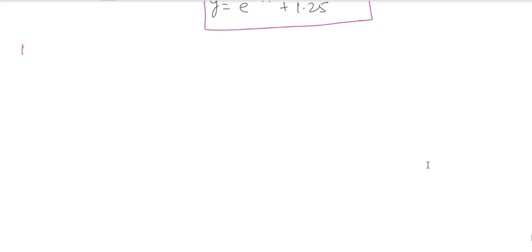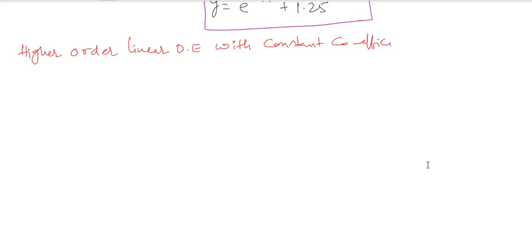Next topic will be higher order linear differential equations with constant coefficients. This is another topic.